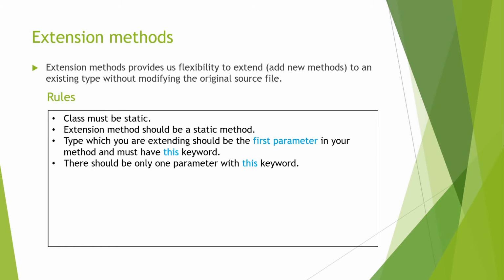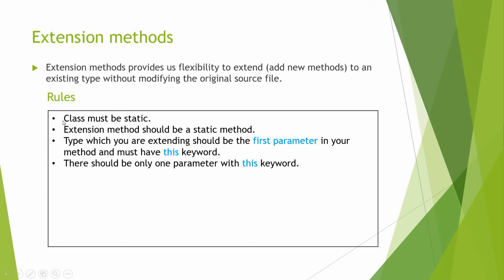But still, if you wish to add a new method to that type, you can do that using the extension methods concept. It's not like the way the partial classes work. It is different.